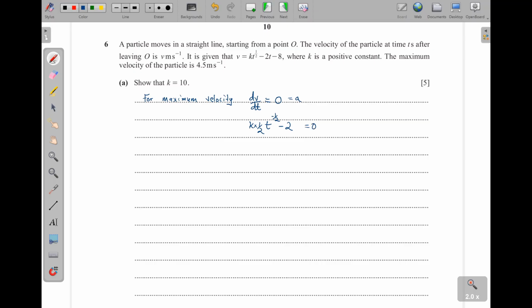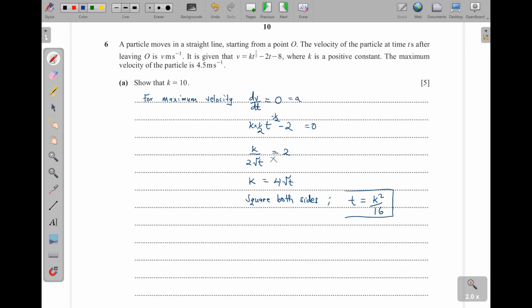So we shall have k over 2 square root of t is equal to 2. Then we can cross multiply, you have k is equal to 4 root of t. If I square both sides, this implies that t is going to be k squared over 16.